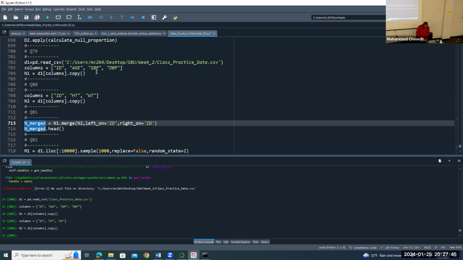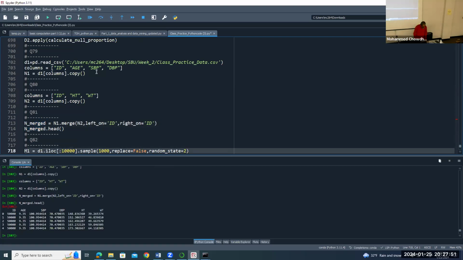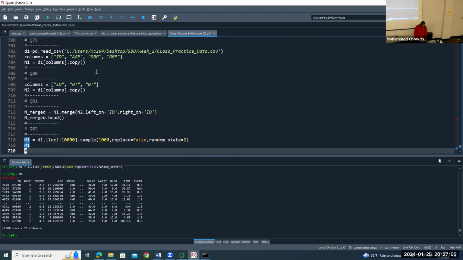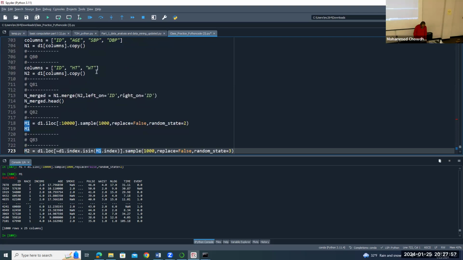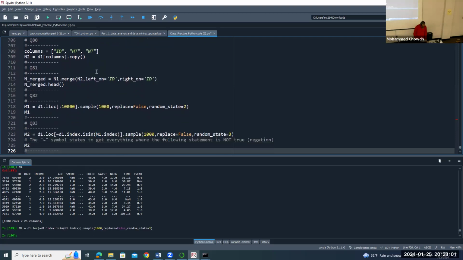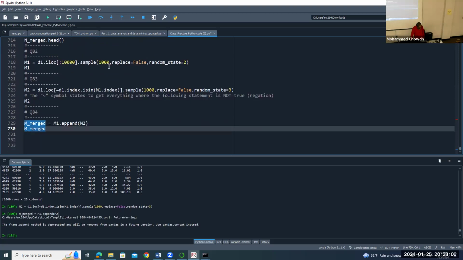So two data sets I have taken. Now I want to merge them. This is the merge data. There is one sample I have taken, known as M1, and then another sample I have taken, known as M2, and then I want to merge one at the bottom of the other, which is known as the merge data. Okay, that's it.